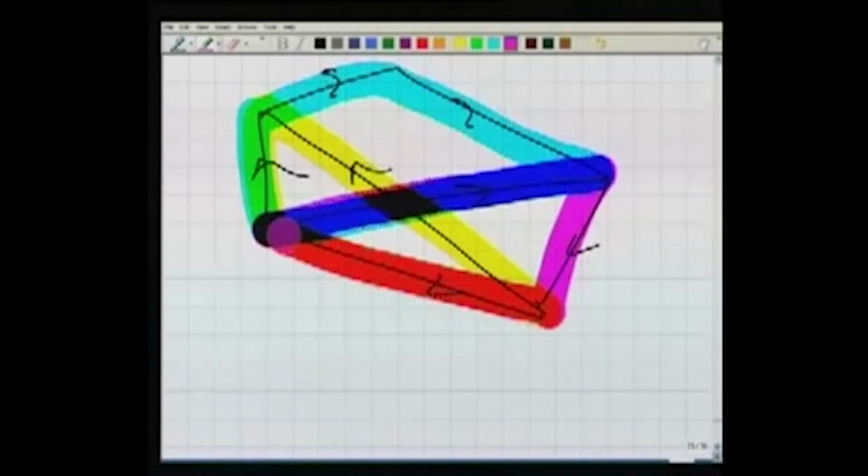All possible loops which are there, they should be closed. So we cannot adjust now by taking only a single loop. Rather, we have to take all these possible conditions which exist in my network and then adjust it. And this is what we will see later on when we talk about adjustment and computation.